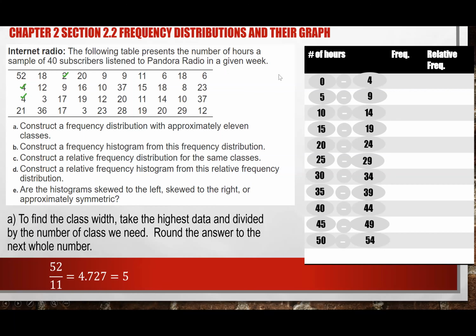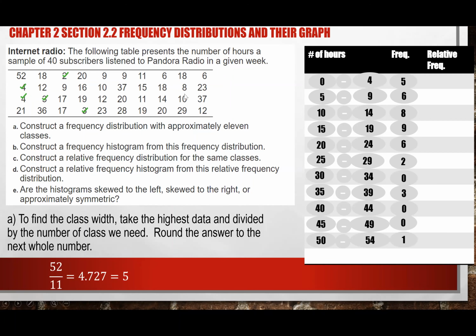Between 0 and 4, I have 5 data, and that's where my frequency of 5 came in, right? The frequency is basically, for that group of numbers, how many times those data appear. You just tally up your data; between 5 and 9, we have 6, and so on and so forth.